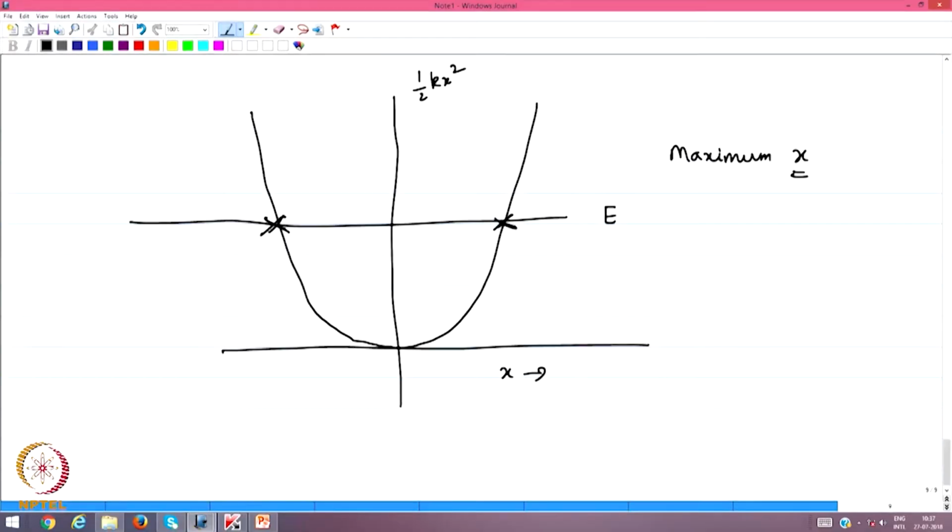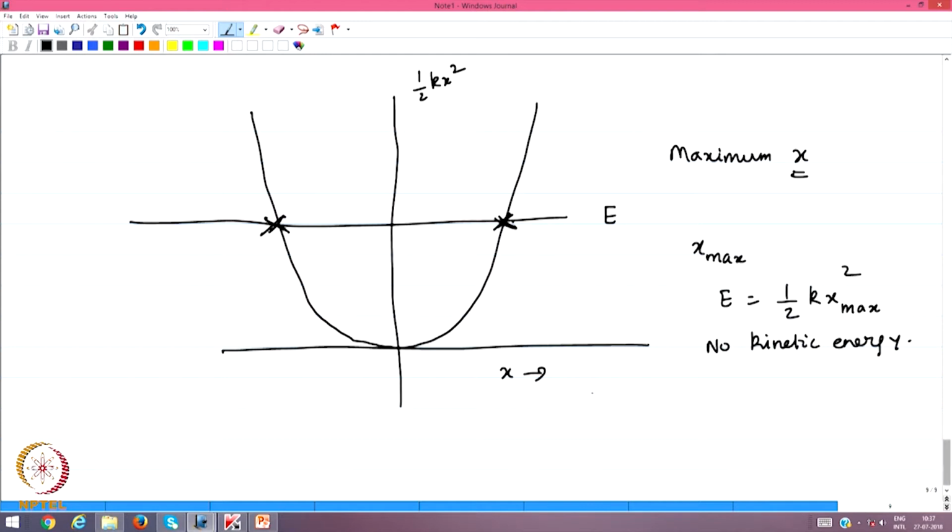So, if we pick any energy E, the classical value x max is when E is all potential energy, half k x max whole square, no kinetic energy. This is classical. Therefore, the point is this point x max.